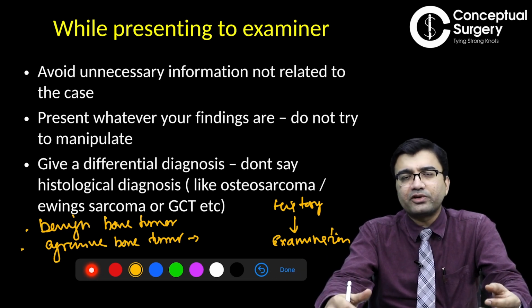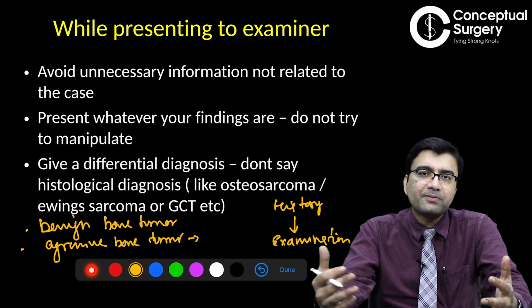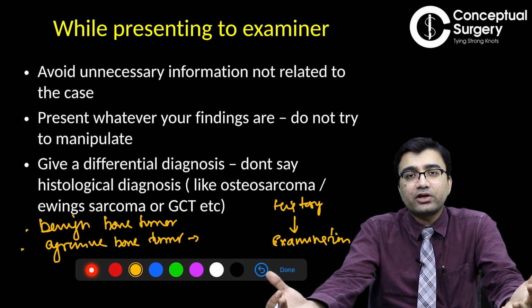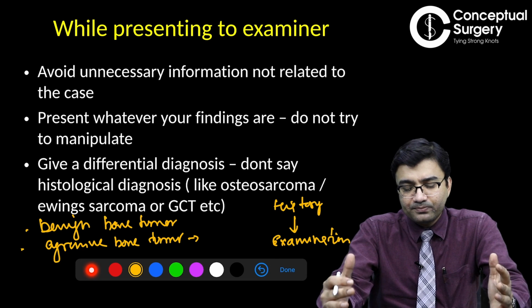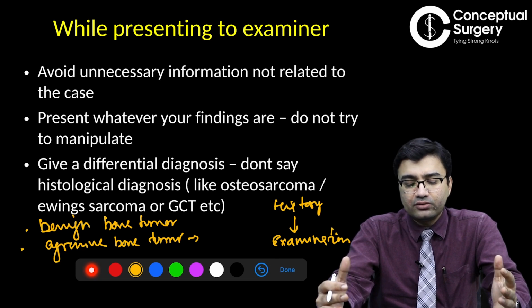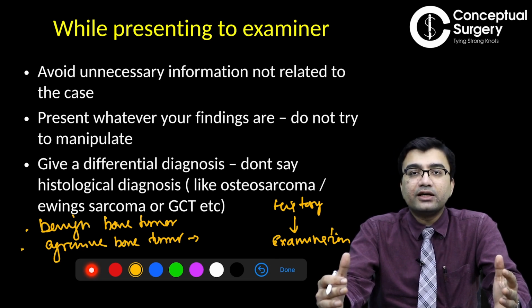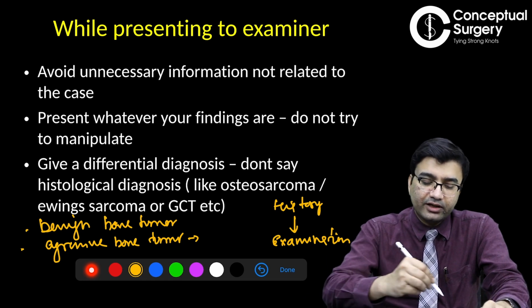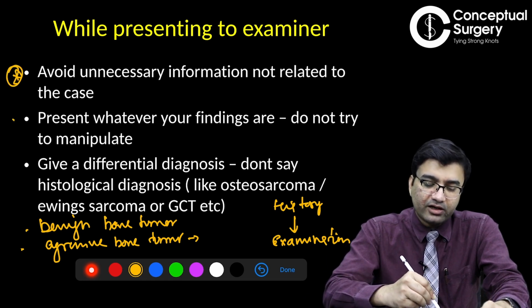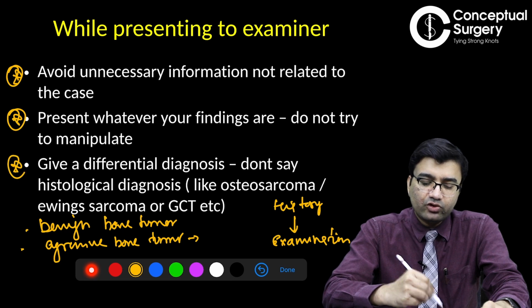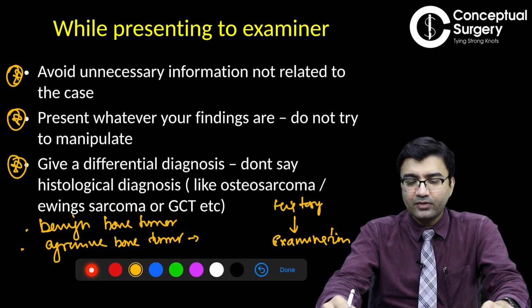Or in a soft tissue neoplasm, you can say it looks like a soft tissue sarcoma. So don't go directly to the histological diagnosis. I think these 1, 2, 3 points are very, very crucial when you present your case.